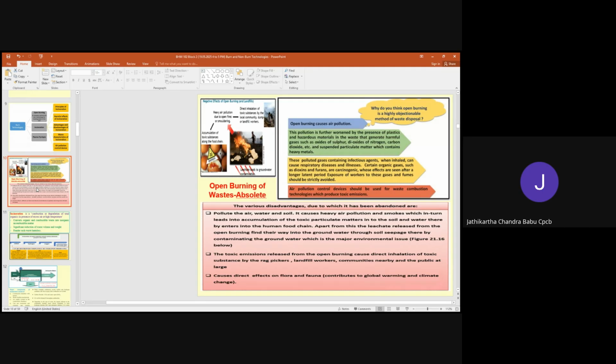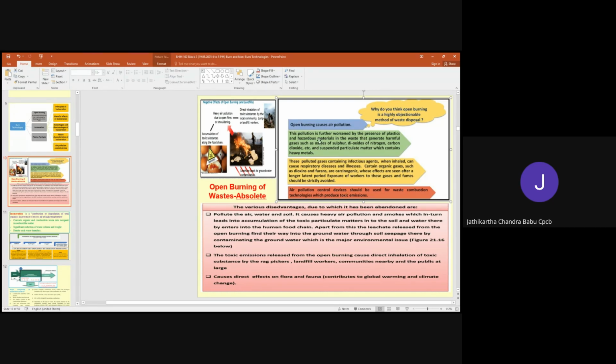I already told you open burning technology is not a permitted technology. Open burning of waste causes a lot of impact on the environment, because it is not controlled combustion. Because of improper combustion, we may discharge hazardous air pollutants and harmful gases such as oxides of sulfur, oxides of nitrogen, and carbon dioxide. Apart from this, we will be generating particulate matter as well as dioxins and furans. These cause carcinogenic effects on the environment.